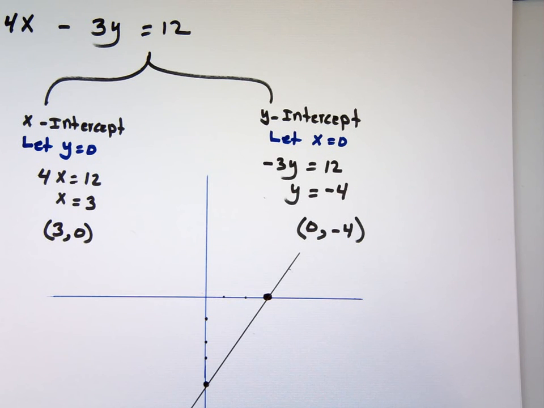And there is the equation or the graph of 4x minus 3y equals 12. So I use here the intercepts. Graphing using the intercept. I found the x-intercept and the y-intercept.